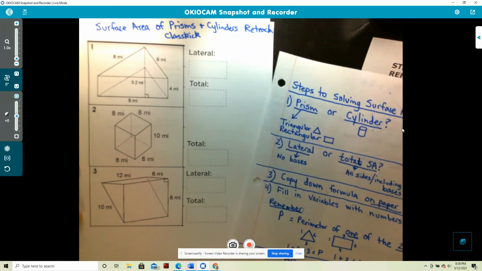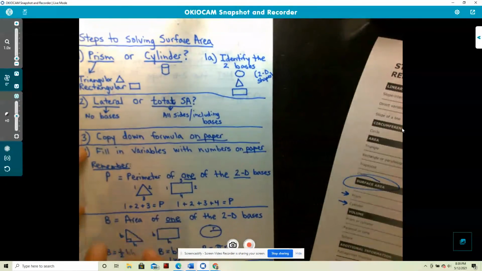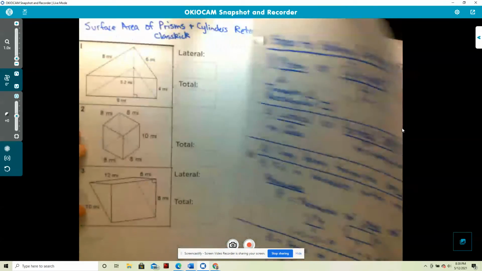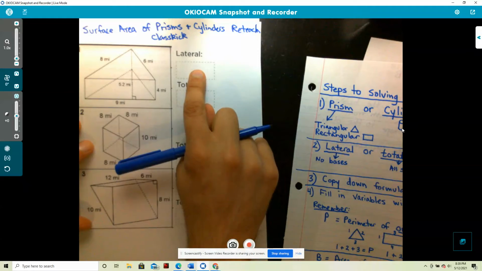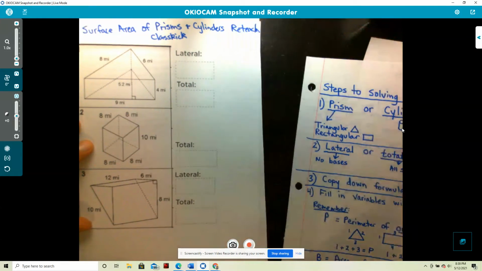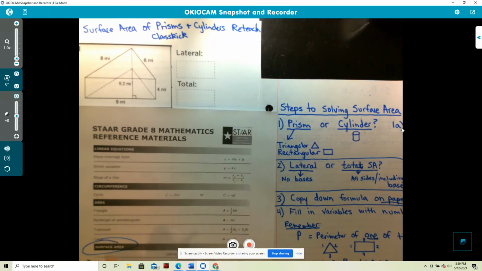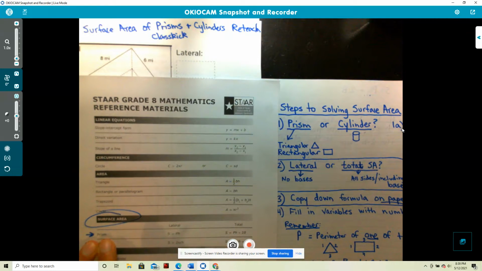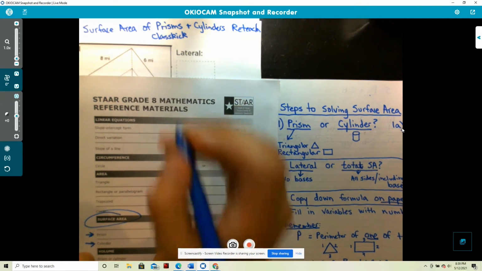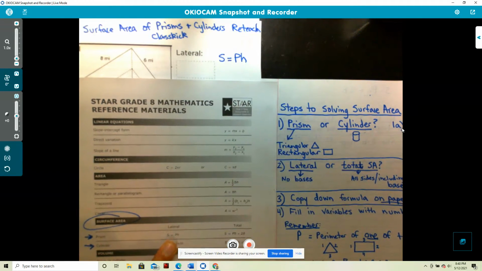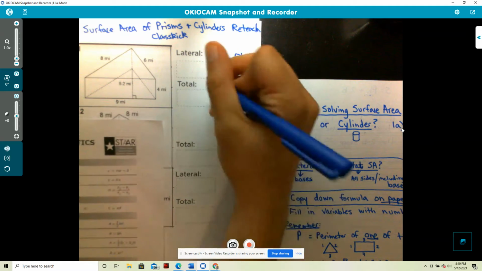So that means, take a look at step 3, which is copy down formula on paper. Since we're going to look for lateral first, looking at our star chart, we're dealing with a prism. Lateral is S equals pH. And total is S equals pH plus 2B.